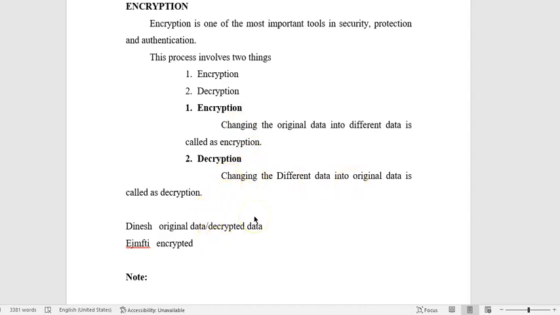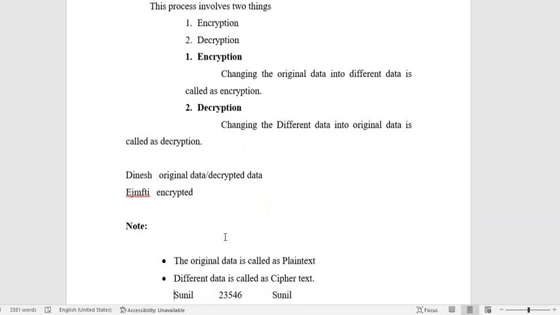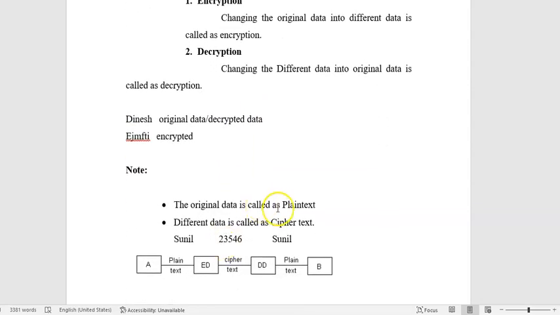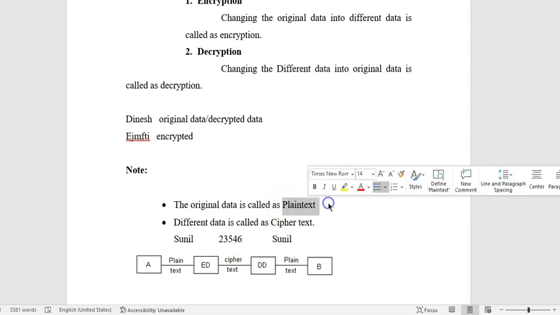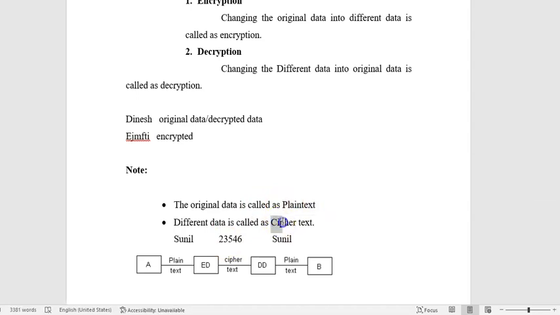You have to note it here. The original data we will be calling plain text and the different data we will be calling cipher text. So in this example, when a source party A wants to communicate with B, the source party gives a plain text, that is the original data, here Sunil. It is being passed to ED.